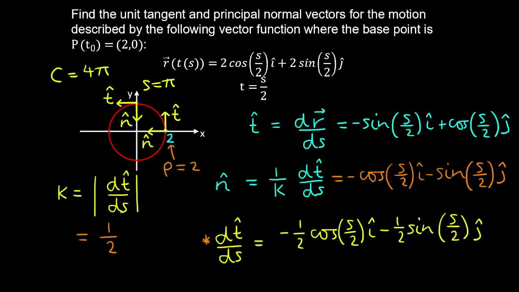So note that when s equals 0, t is equal to 0 at the base point, and when s is equal to pi, t is equal to pi on 2 at this point. So we have a counterclockwise parameterization of the circle using the arc length parameter s.